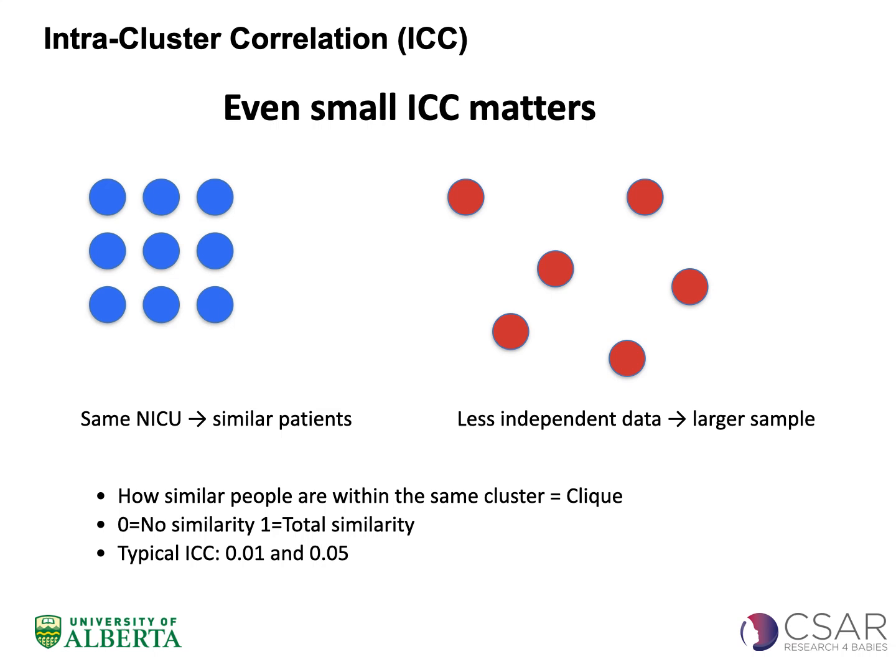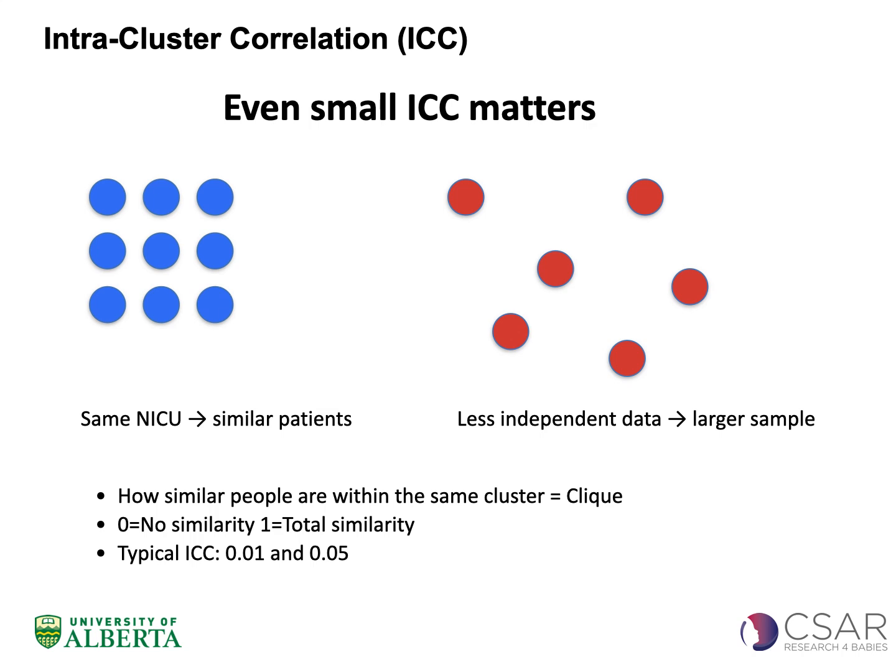Now, the intracluster correlation is basically like a click where it defines how similar people are within the same cluster, or how similar patients are treated within the same cluster. As one NICU, you might have really similar patients because it's your patient population, but if you have many different NICUs, you will get variability in how they treat.